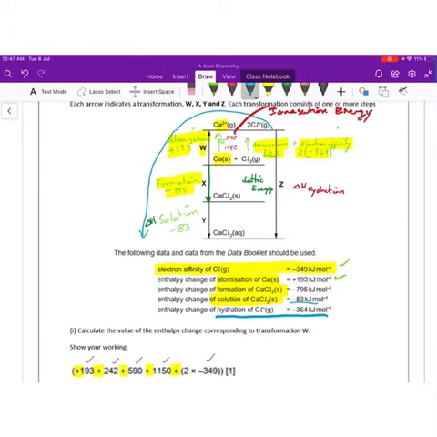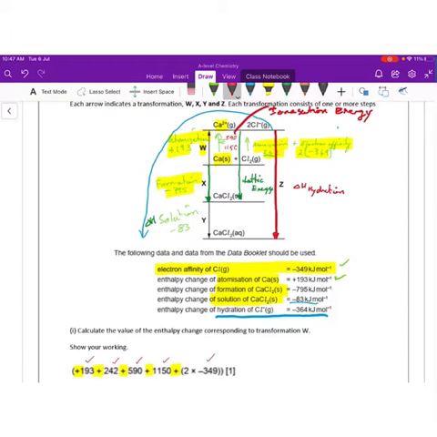Alright, so we need to identify a few things. Remember, what is lattice energy? Lattice energy is when I go from my ions in the gaseous state to the lattice. That means in solid. So that green arrow indicates my lattice energy. My Z on this side is actually enthalpy change of hydration, because I'm going from my gaseous ions to my calcium chloride aqueous.